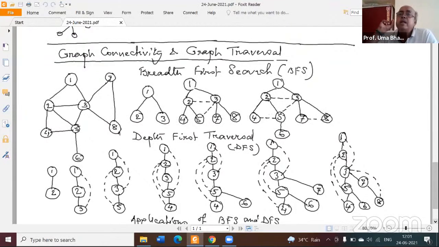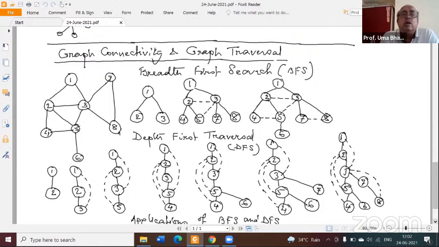So, in many examples, the metric for the cost of a path from I to G is the number of nodes we have to traverse in between, not the distance. In many other cases, of course, the distance may be there, and we have already discussed Dijkstra's algorithm there.